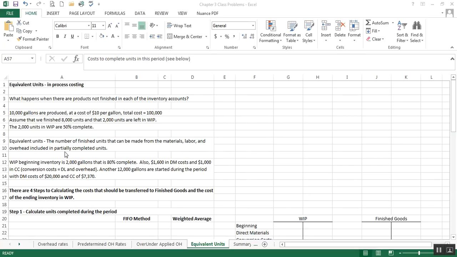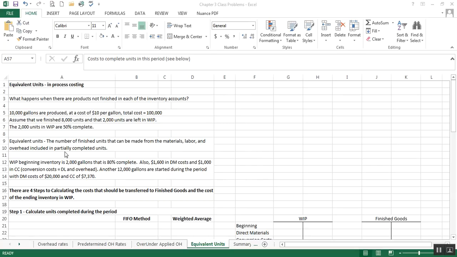Assume that we finished 8,000 units and that 2,000 units are left in the WIP account, meaning work in process. The 2,000 units in WIP are 50% complete. So equivalent units is the number of finished units that can be made from the materials, labor, and overhead included in partially completed units.